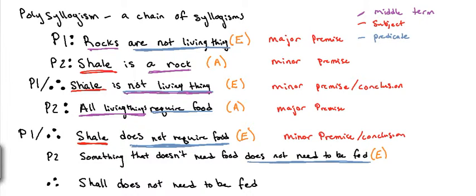Something that doesn't need food is our middle term, and up here that serves as our middle term. This is our major. This is our final conclusion. Shale does not need to be fed. So that is a polysyllogism, and I hope that helped.